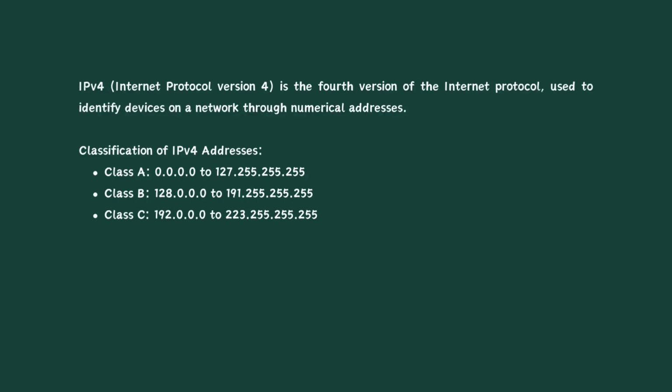IPv4, Internet Protocol version 4, is the fourth version of the Internet Protocol, used to identify devices on a network through numerical addresses. Classification of IPv4 addresses. Class A, 0.0.0.0 to 127.255.255.255.